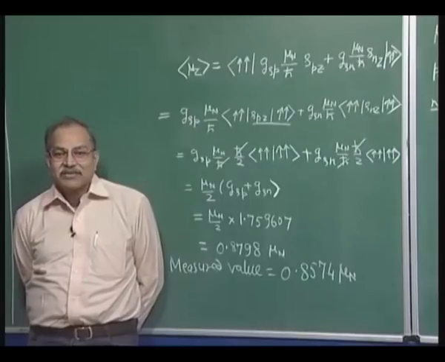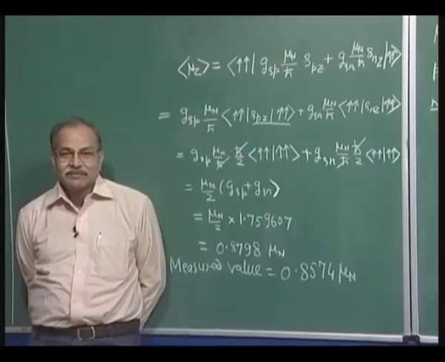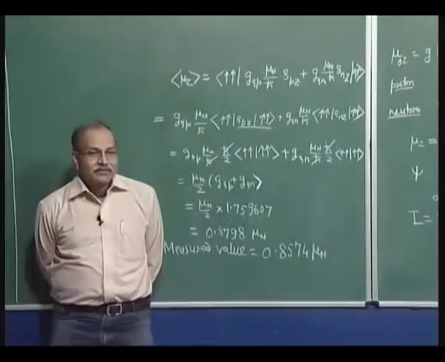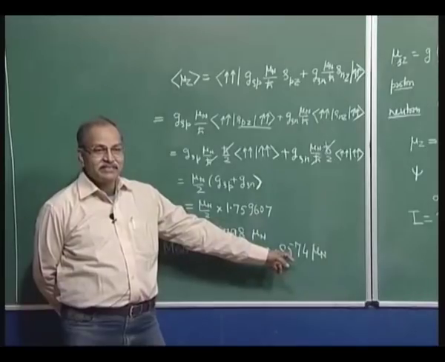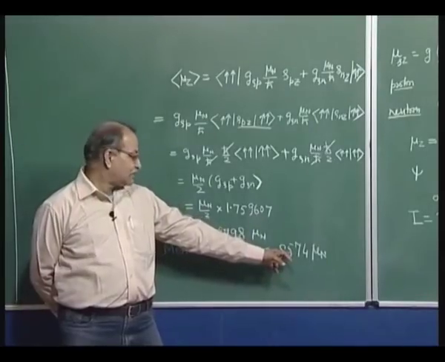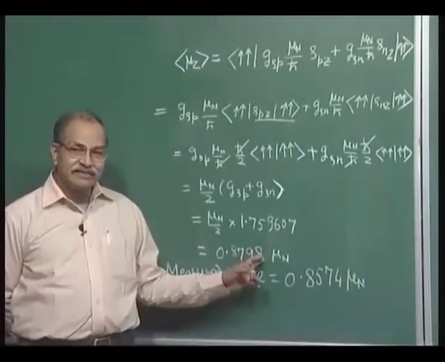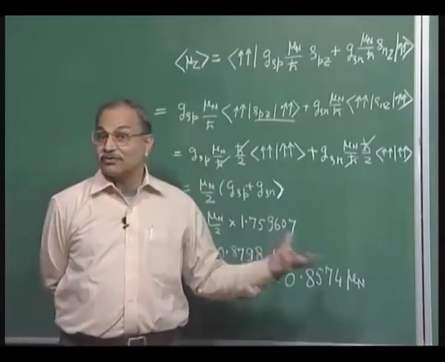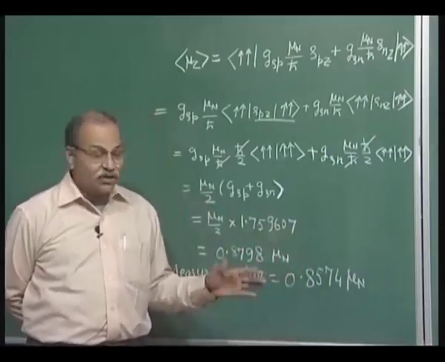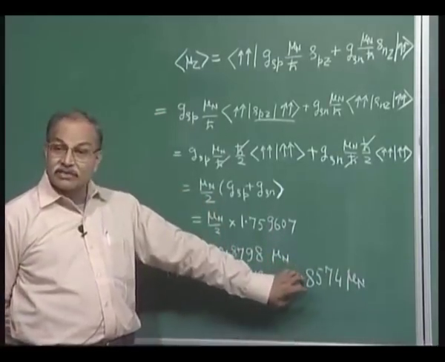The kind of accuracies that we obtain from experiments, for that a difference in the second significant digit itself, 8574 here, 8798 here, is not insignificant. We cannot say that okay, very good agreement. It is not very good, although the order of magnitude is correct.